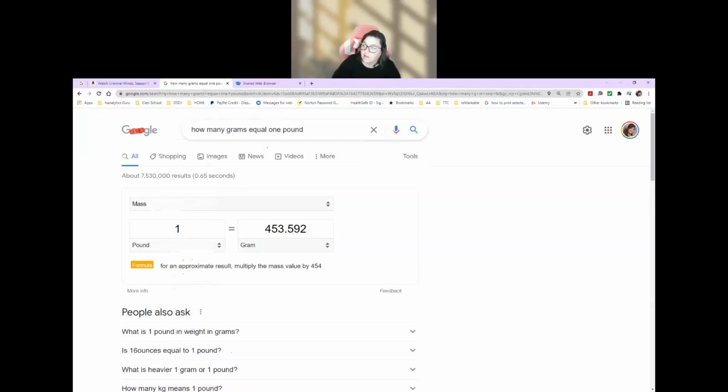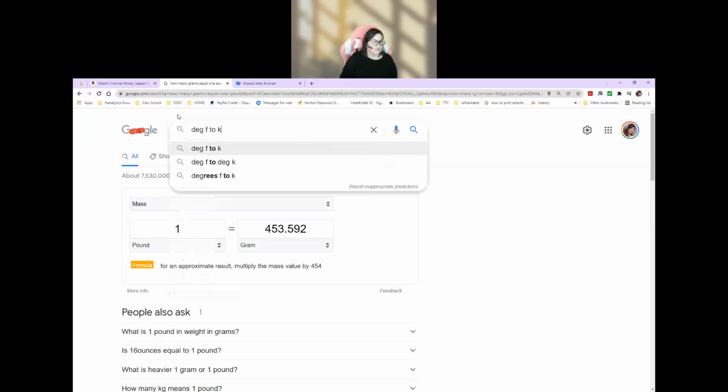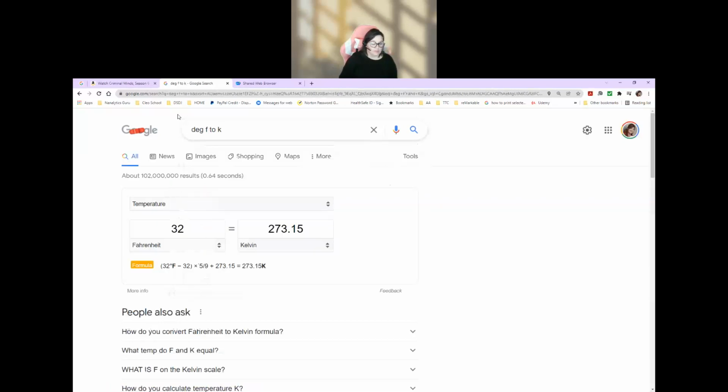I see that I have 1 pound, 453.592 grams. And then I want to go between temperatures, and I have this lovely equation to be able to do this. So, Fahrenheit minus 32.